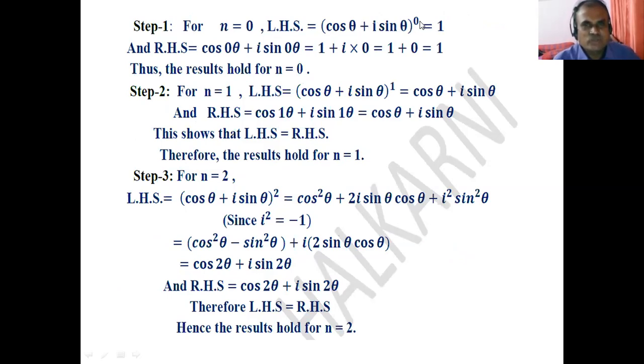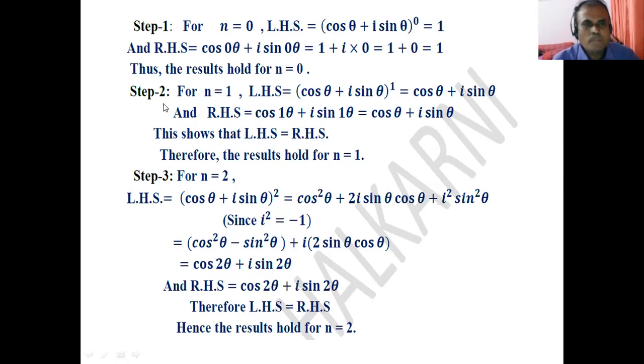Any constant raised to 0 is 1, so it is equal to 1. And the RHS is cos of n theta, with n value 0, 0 theta is 0, plus i sin of n theta, 0 theta is 0. So cos of 0 is 1 and sin of 0 is 0, so 1 plus i into 0, that is 1 plus 0, is equal to 1. So the RHS value is 1, the LHS value is 1, and therefore LHS equals RHS. Therefore the theorem holds for n equal to 0. This is step 1.